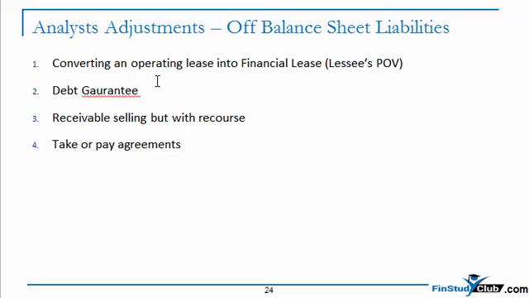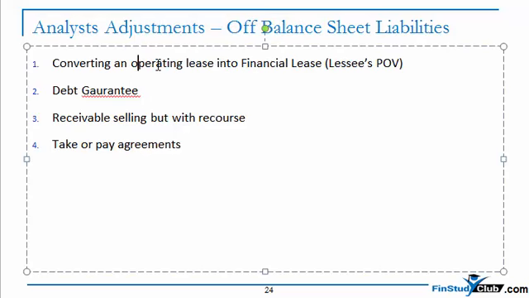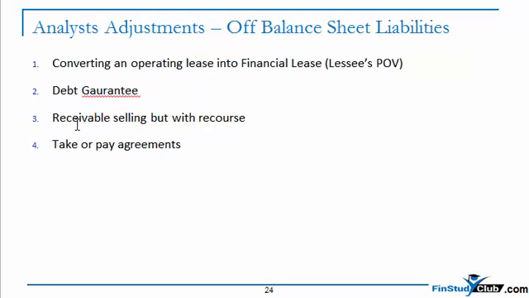And there are four off balance sheet liabilities which the analyst should be very careful about. This is something that we will talk about in detail through an example, converting an operating lease into a finance lease. But all of these are also some sort of a liability which the accountant very smartly takes off from his own books. Imagine a debt guarantee that you've given for someone. Now obviously there is a guarantee, there is an obligation that you can foresee, so you've got to include that on the liability side.